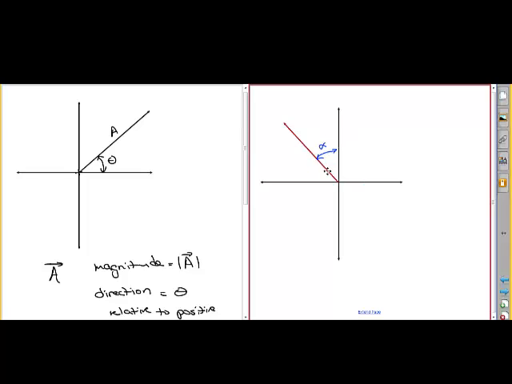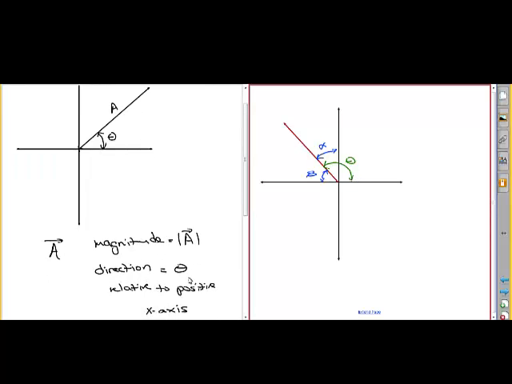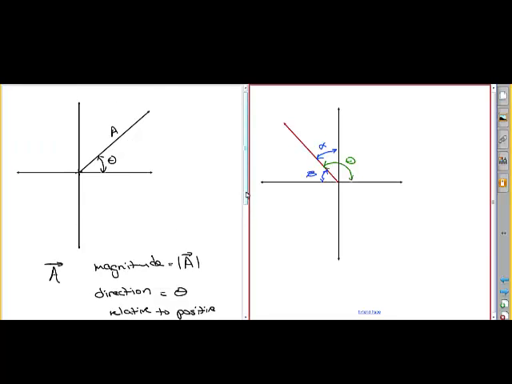Let's call that alpha. We could define it relative to the horizontal axis. That's beta. Or we could do it relative to the positive x-axis. I'll call that theta. So any one of those angles could represent the direction. You just have to know, either from a drawing or from writing it out explicitly, what the angle is with respect to.